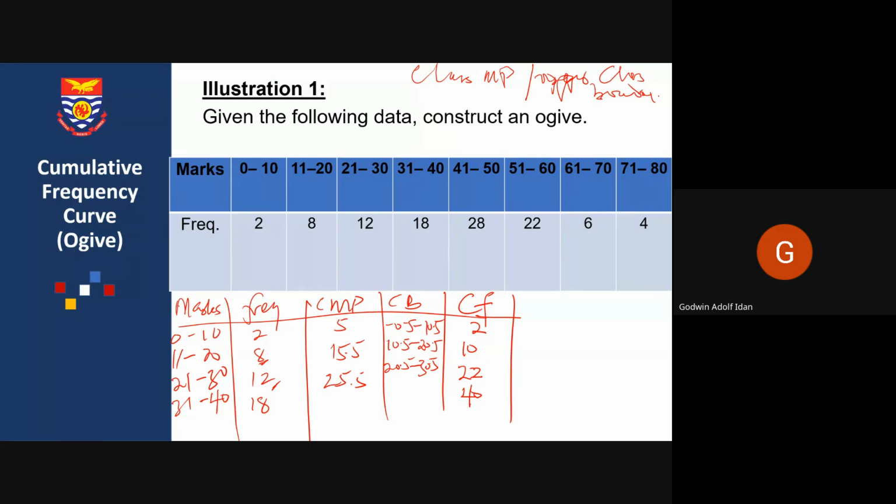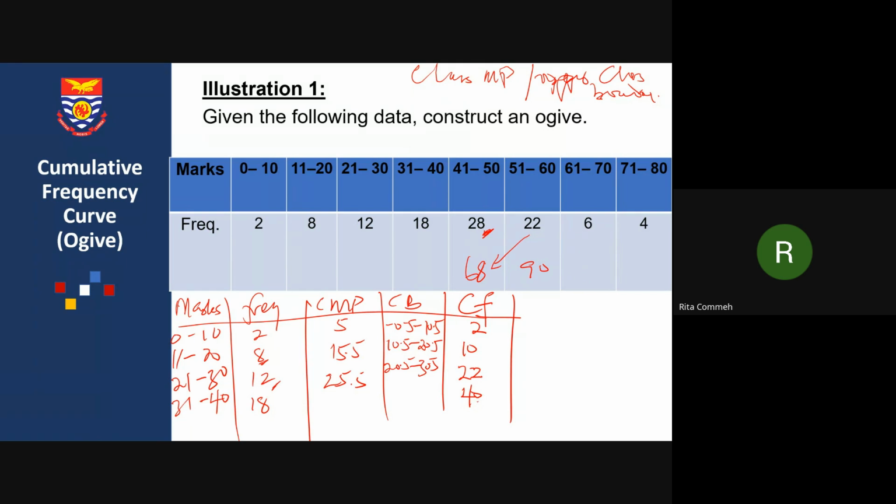Then we add the next one, which is 28, to the 40, and we get 68. When we move to the next, we add the 22 to the 68, and that gives us 90. I hope you are following.